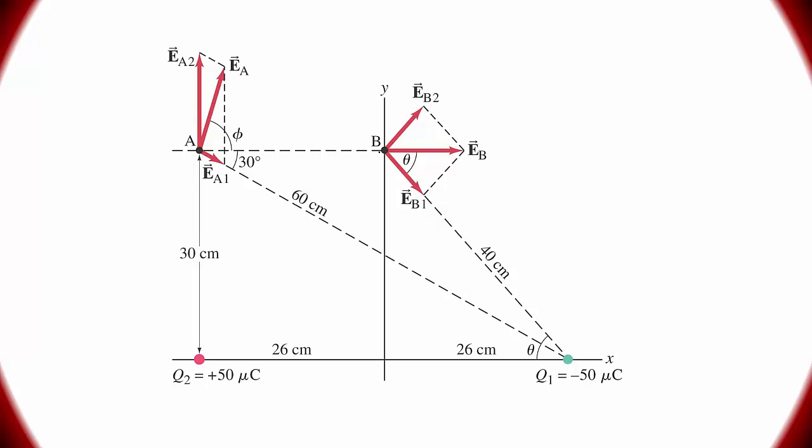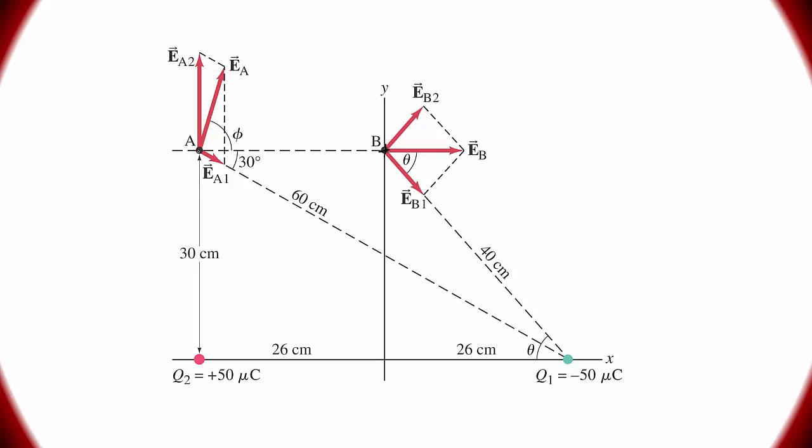So a positive charge right here is going to be repelled by this positive charge, so that is the field at location B due to charge Q2. Now this is going to be a negative charge, so it's going to attract a positive charge, so that field would be there, and you would sum those two fields. The vertical components would cancel, and you just have a horizontal component. So this is the total electric field at point B.